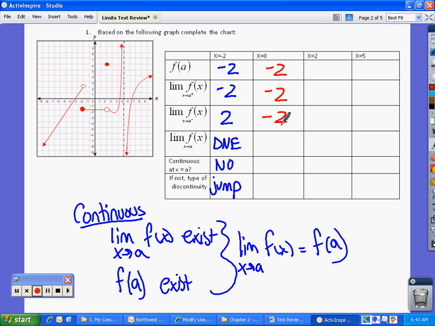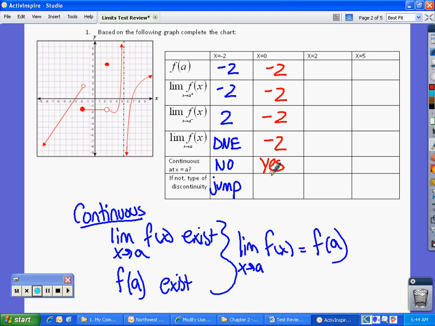So now just looking at our previous 2 answers, from the left and the right, it's both negative 2. So the limit as we approach 0 is negative 2. All right, now checking for continuity. The limit exists, the function exists, and they are equal because they are both negative 2. So yes, it is continuous at a.